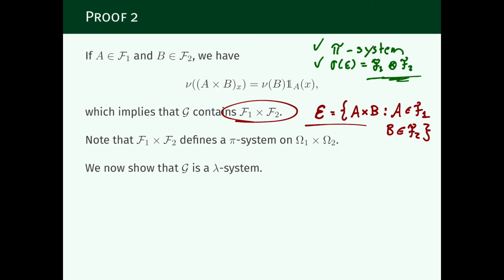And so what do we need to show now? There are two things missing. This is where all the rest of the work for this proof will be. There are two boxes that we still have to tick. First, that E is a subset of G, and second, that G is a lambda system.